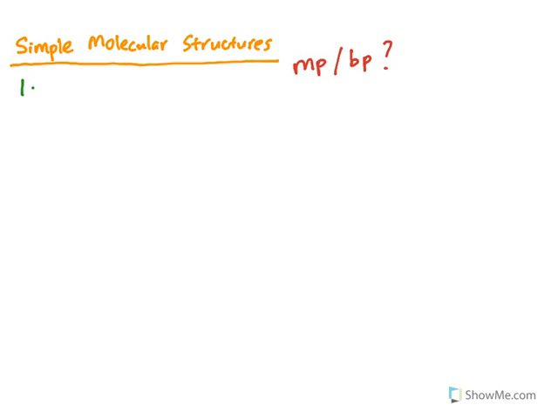You check for hydrogen bonding. Remember, hydrogen bonding is the strongest kind of intermolecular forces of attraction. So if there is hydrogen bonding, I believe it will have the highest melting boiling point. Okay, so let's say there is no hydrogen bonding. We move to step 2.